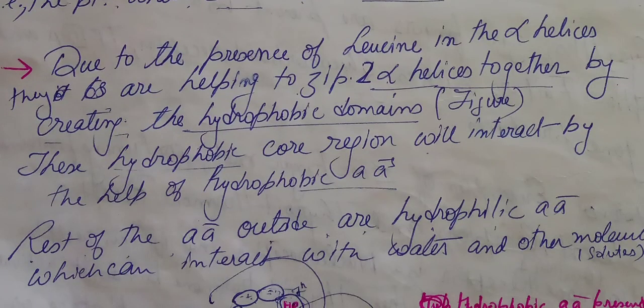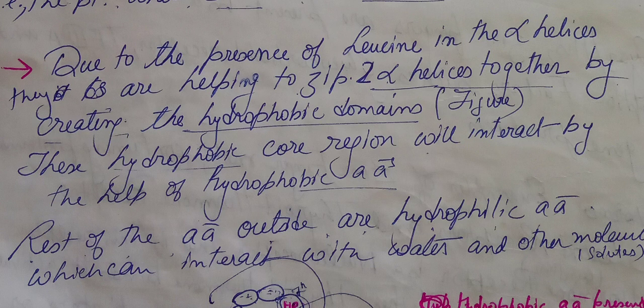Now, due to the presence of leucine in the alpha helix, they are helping to zip the two alpha helices together by creating hydrophobic domains. They help to zip, just like a zipper, the two alpha helices together by creating a hydrophobic domain.